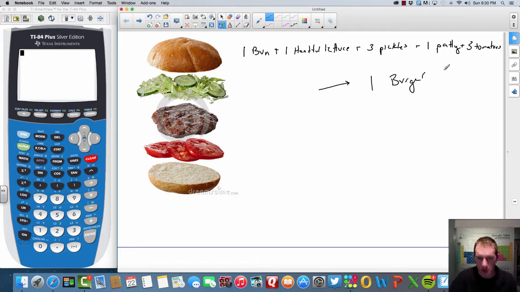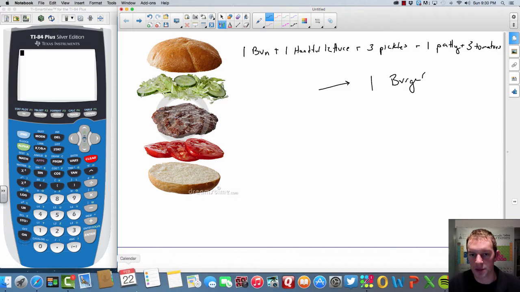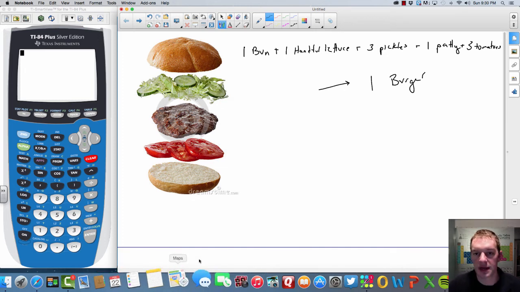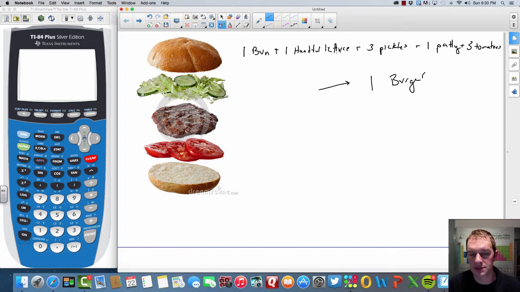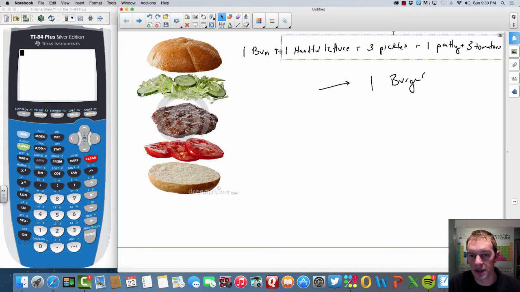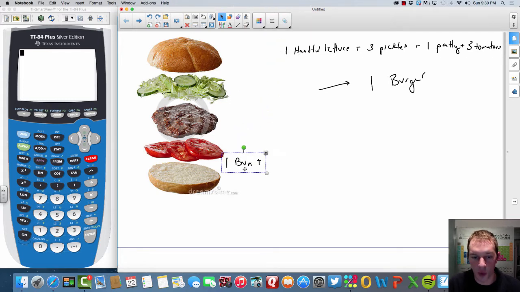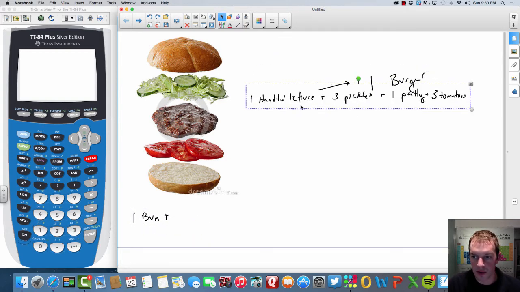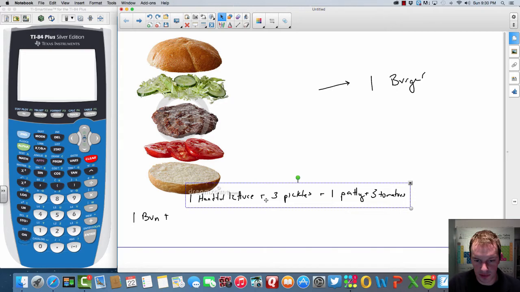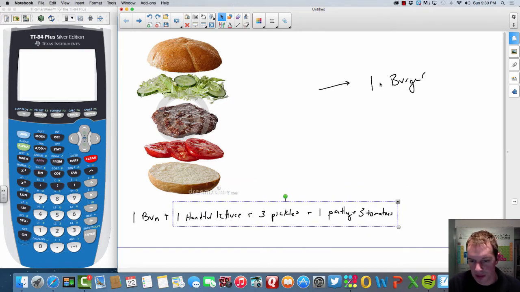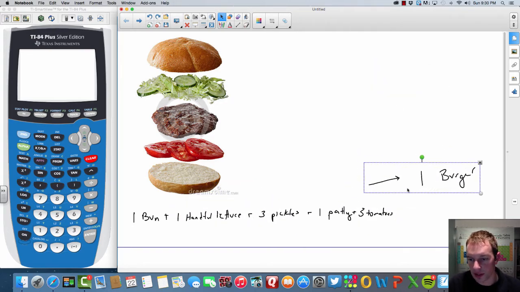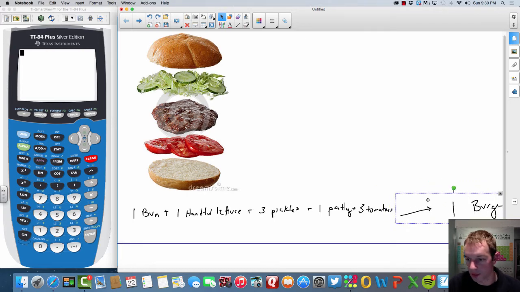Okay, so if we were to look at this as being one chemical equation, we could see that one bun, which is going to go with all this other stuff right here, a handful of lettuce and 3 pickles and 1 patty and 3 tomatoes, are going to give us 1 burger.